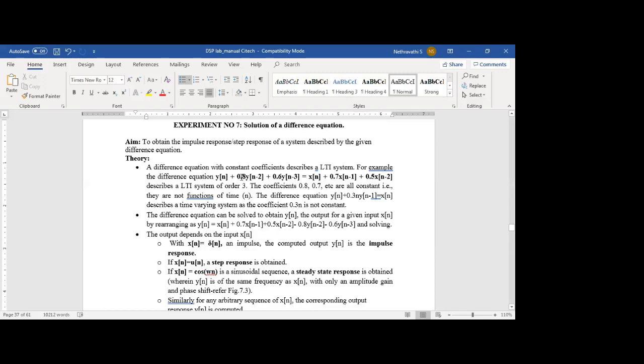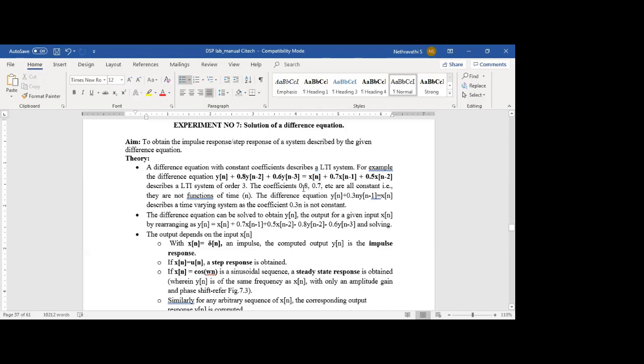No, because 0.8 is fixed for the delay element, that is, for y of n minus 2. So all these coefficients are constants and not a function of time, so they will not vary with time. That's the reason it is called a linear time invariant type of system.